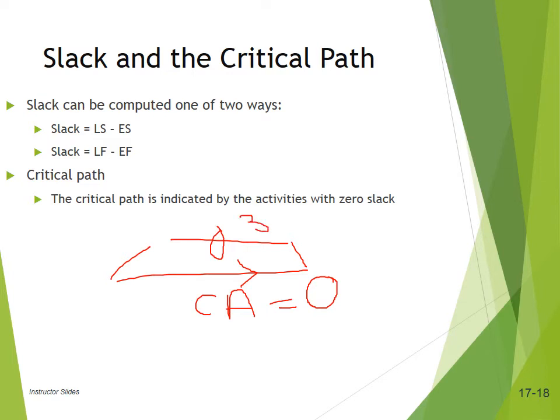But the problem is, if you delay any activity by the total slack, that particular path becomes critical as well, because you have used up all that slack. So what project managers do, they try to utilize that slack so that they can delay it by some time, but not the full time.